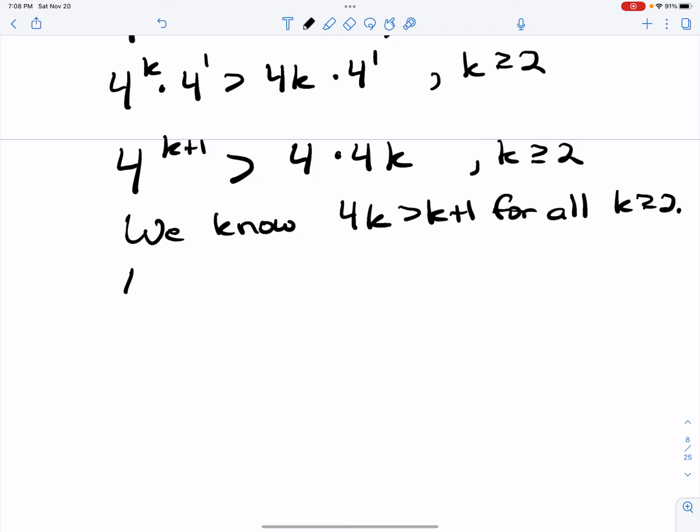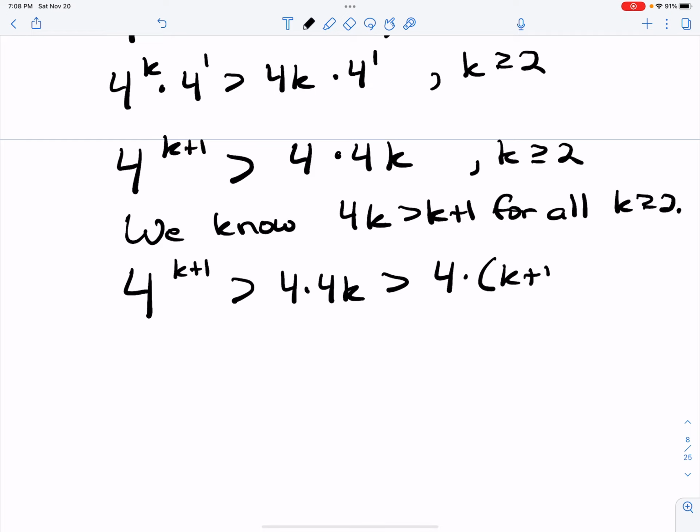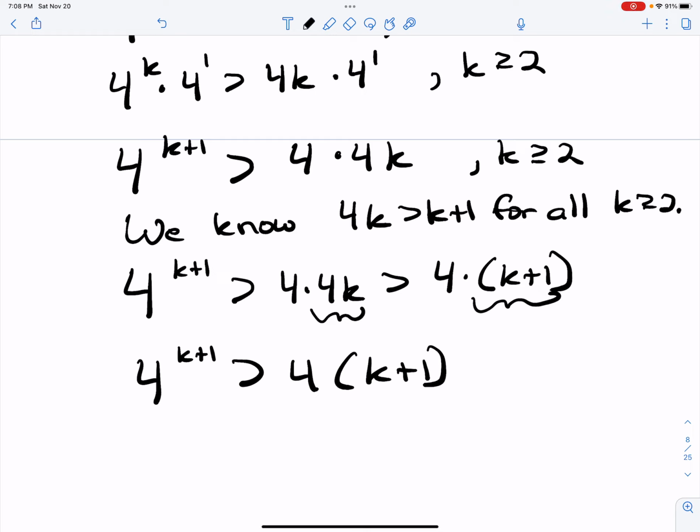So you can do this. 4 to the k plus 1 is greater than 4 times 4k, which is also greater than 4 times k plus 1, because of that 4k being greater than k plus 1. You're allowed to do that. So then you can clean it up and just say 4 to the k plus 1 is greater than 4 times k plus 1, for all k greater than or equal to 2.